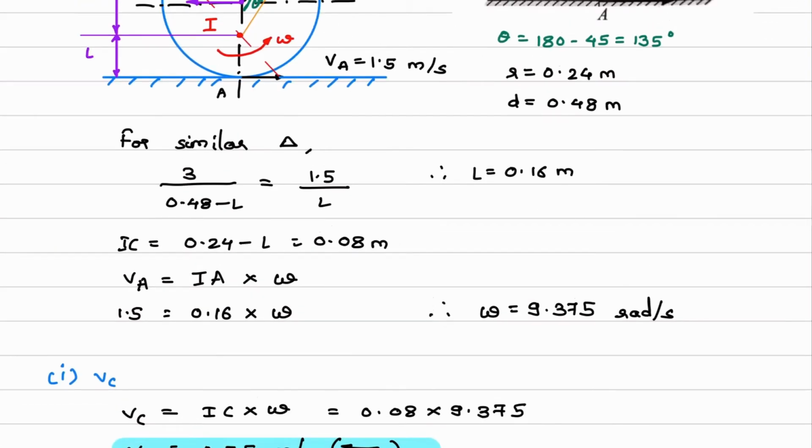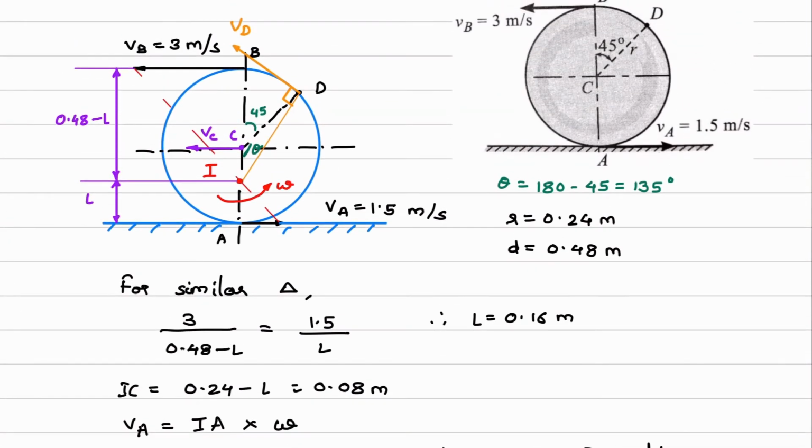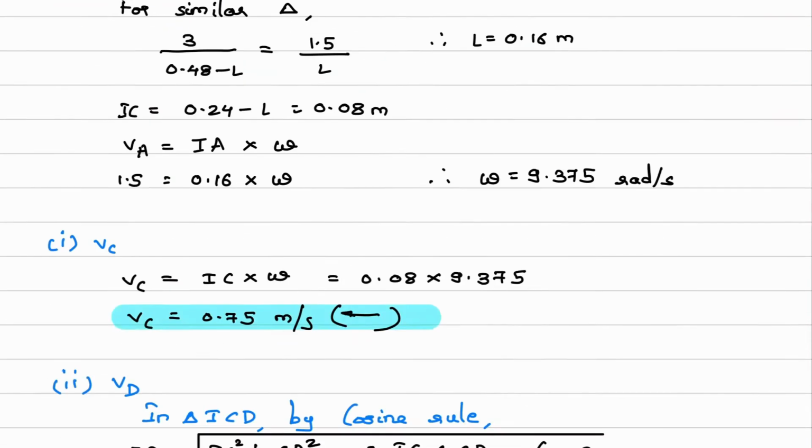So VD is equal to 2.83 meter per second. What about the direction of VD? VD is perpendicular to ID. So I'll write in bracket, VD is perpendicular to line ID. You can even find the angle with respect to horizontal in this case.